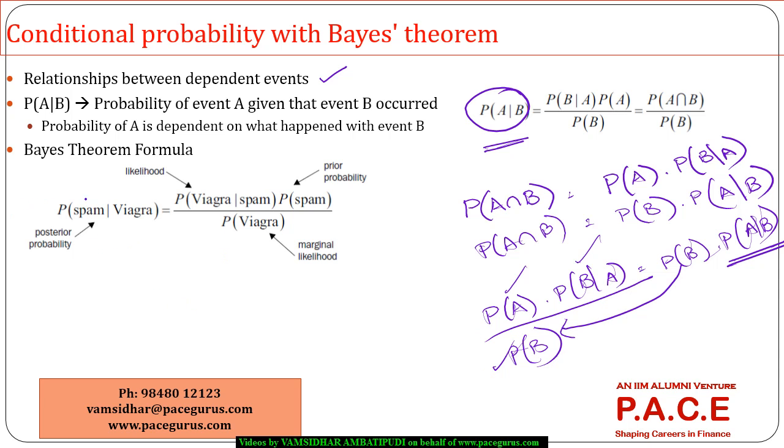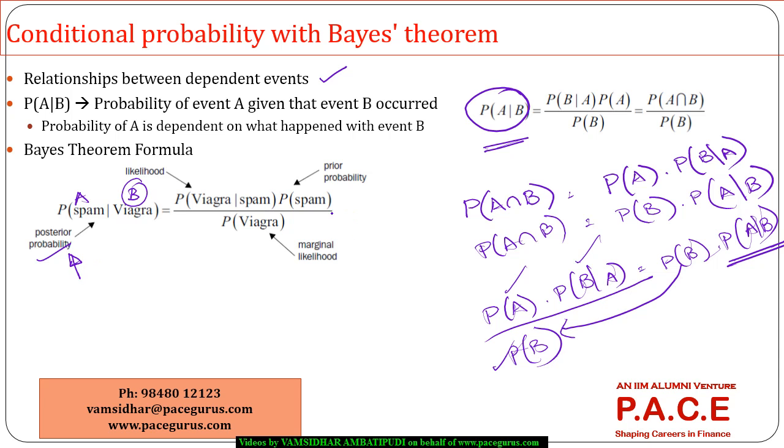So look at this, P of A given B, which is what we get after we have information regarding whether B has occurred or not. That's the reason we call this the posterior probability.